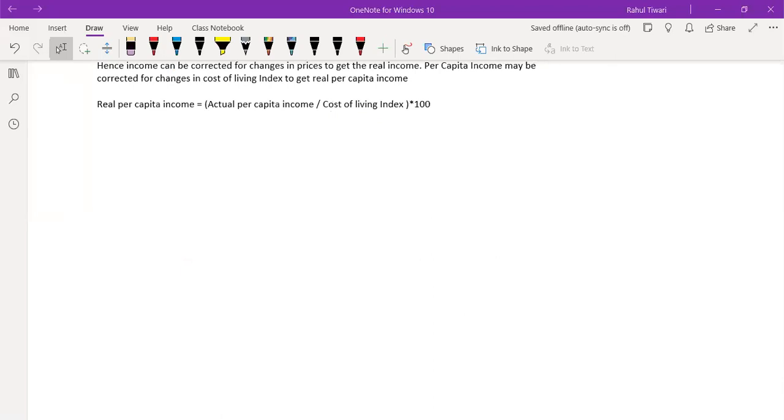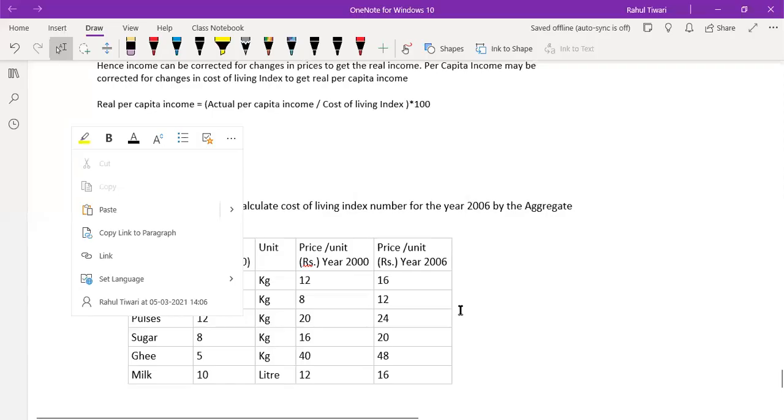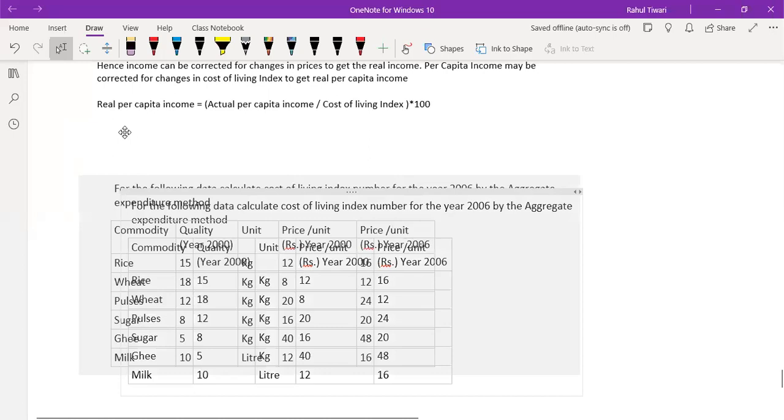Are you able to see the example? Yes, sir. Take up this example.